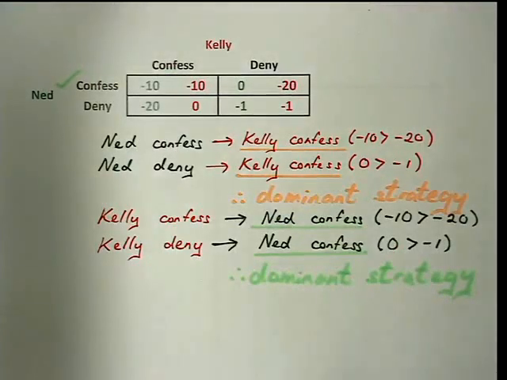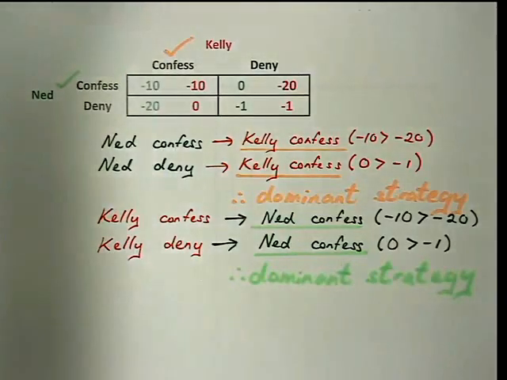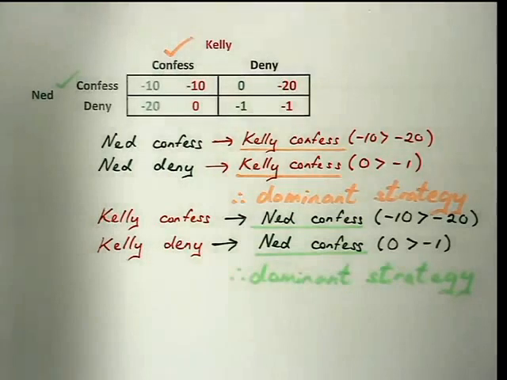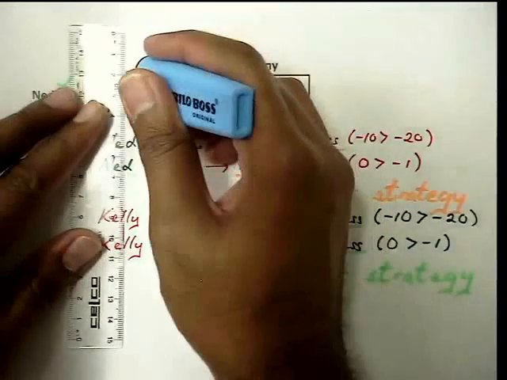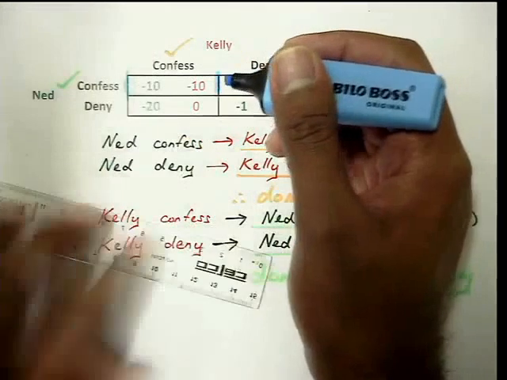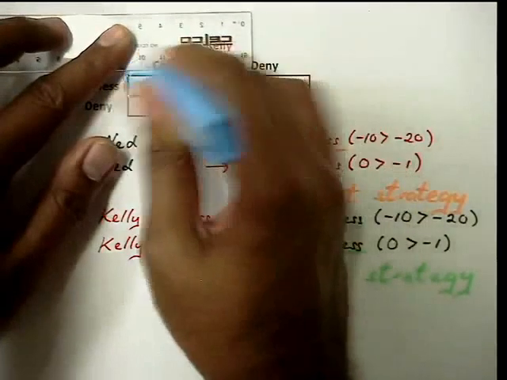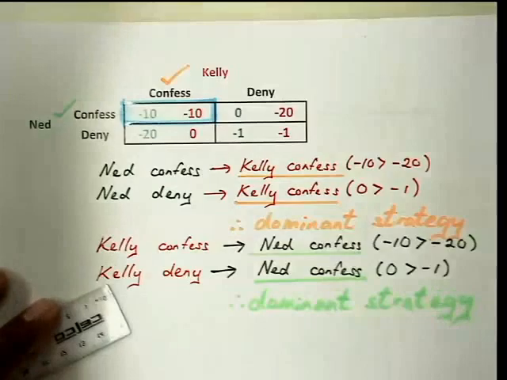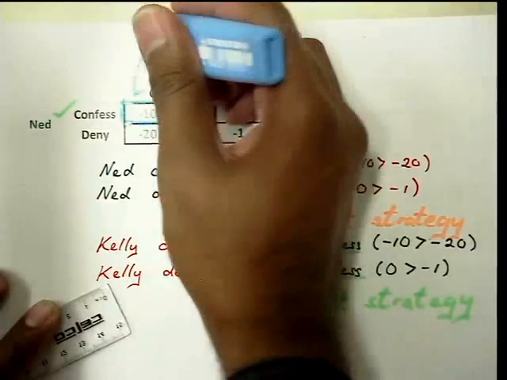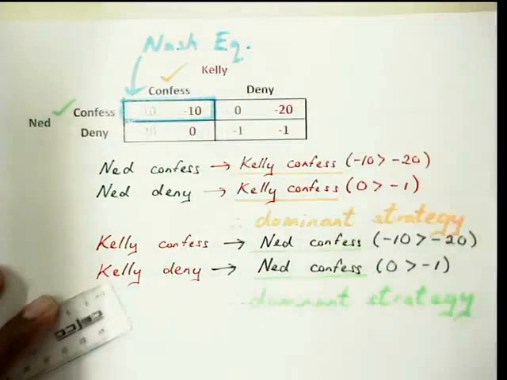Kelly will definitely confess. So we say that both players confessing is our Nash equilibrium. Both players confessing, we call this the Nash equilibrium.